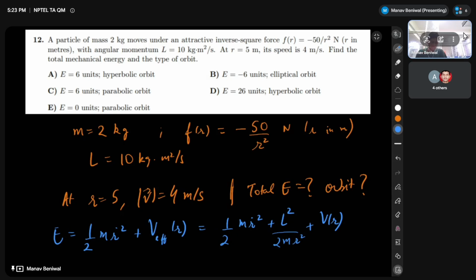And this total energy is always conserved, right?